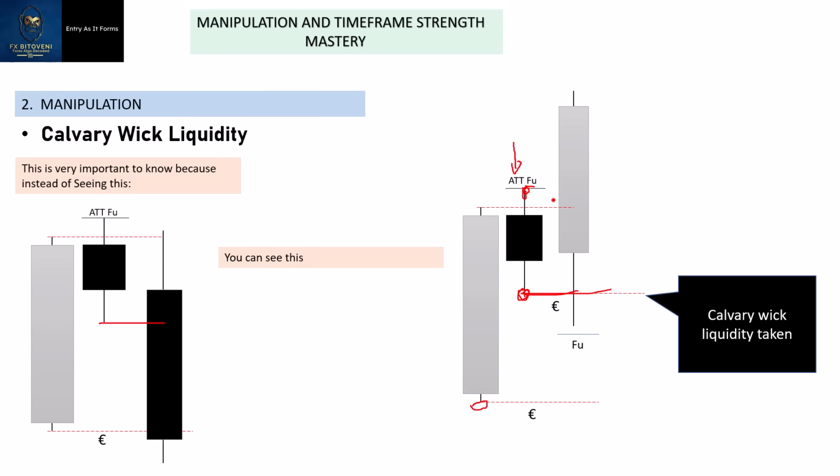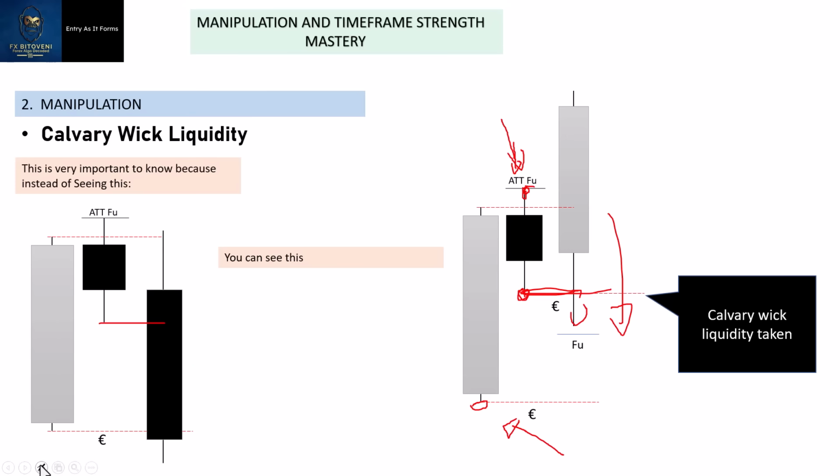So if direction is to the downside, market has permission to take this liquidity and leave this one behind. That's how you say liquidity was left behind. Sometimes we are talking about this concept. So current weak liquidity taken, market reverses creating a strong FU to the upside, negating this one.